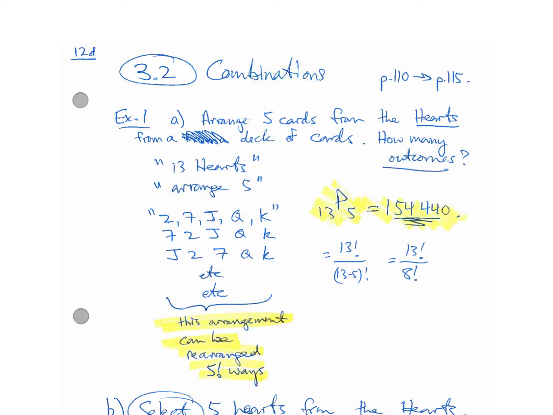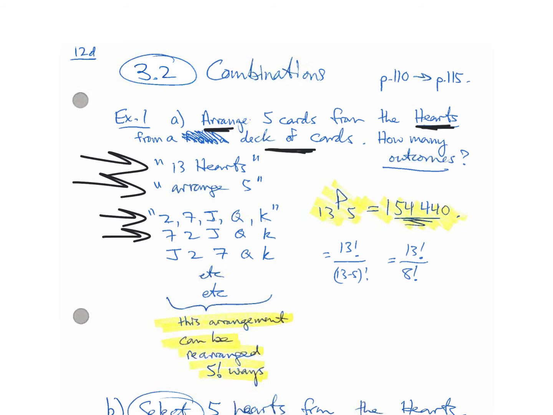Okay, let's consider this first example. It asks you to arrange 5 cards from the hearts in a deck of cards. So there are 13 hearts in the deck, and you have to arrange 5 of them. For example, we could have the 2, 7, Jack, Queen, King, or we could reverse the 2 and the 7, and now we have a different arrangement, which is 7, 2, Jack, Queen, King.